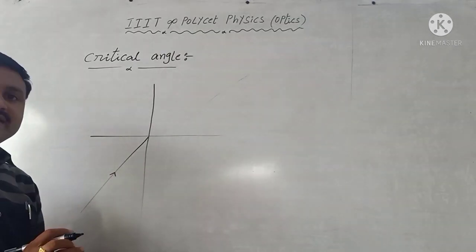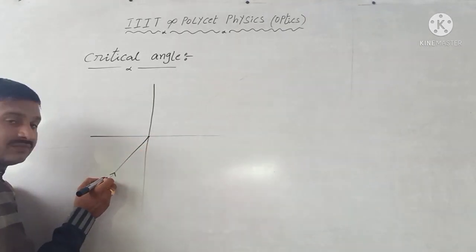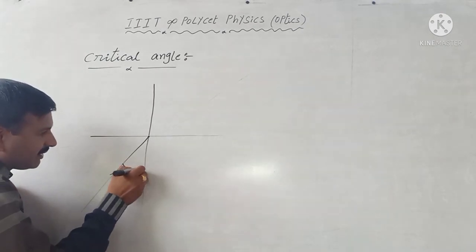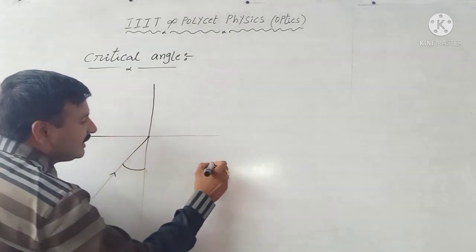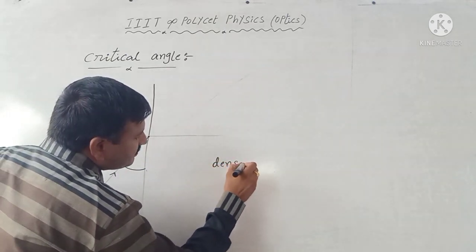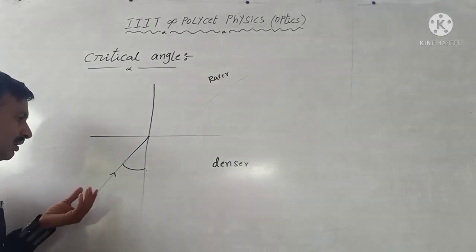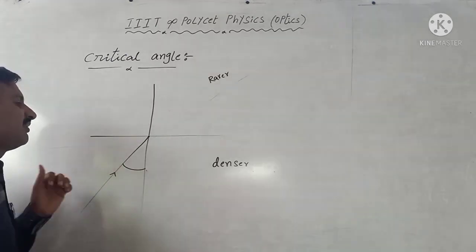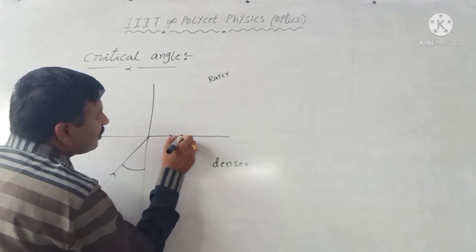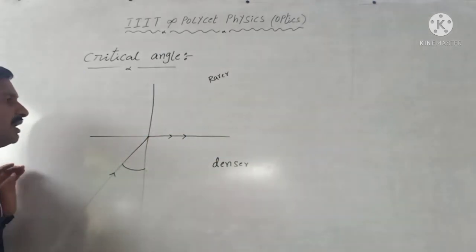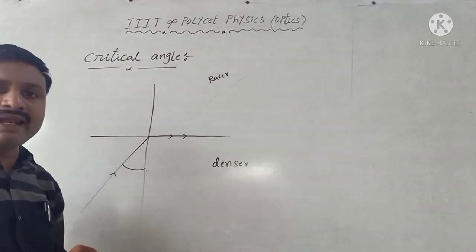So critical angle means the angle of incidence at which the light is traveling from denser medium to rarer medium, and it grazes along the interface. This angle is called the critical angle.